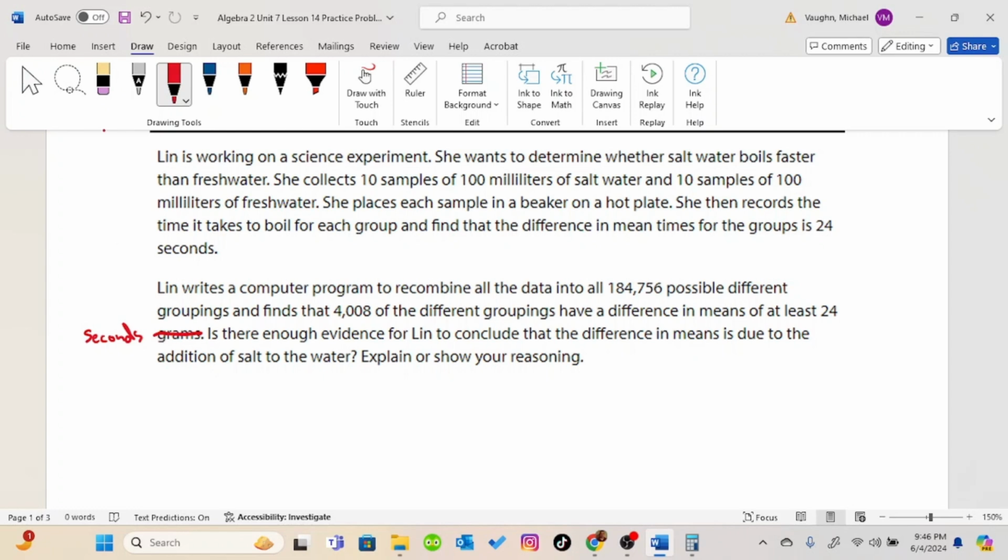So what we're going to do is take the 4,008 where it did have just as large or a larger difference than our original, and divide that by all of the possible different groupings that were tested, 184,756.